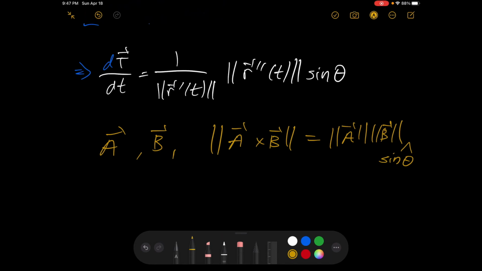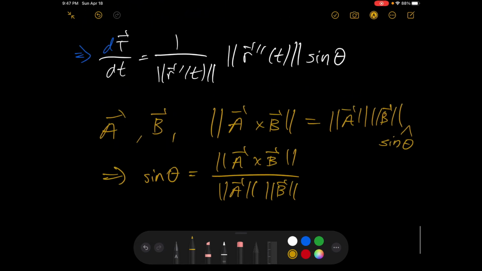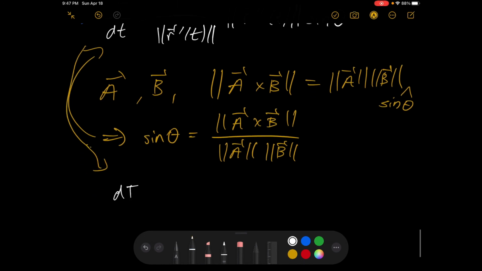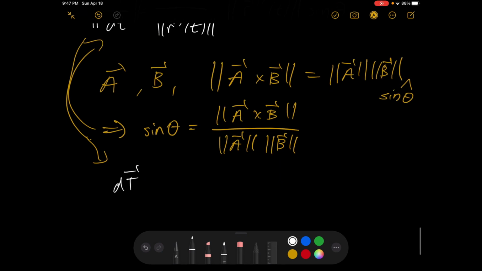And so this tells us that if we want to find sine theta, then it is equal to the length of that cross product divided by the length of a times the length of b. And so hence, if you plug that back in here, then we get, oh, sorry, and I forgot that this is supposed to be a magnitude.